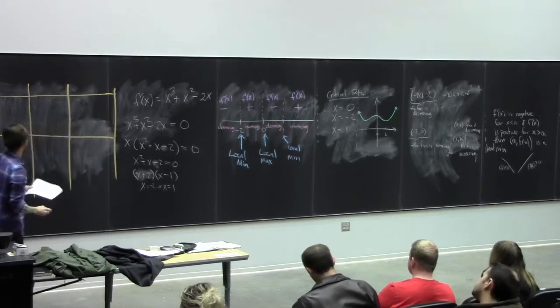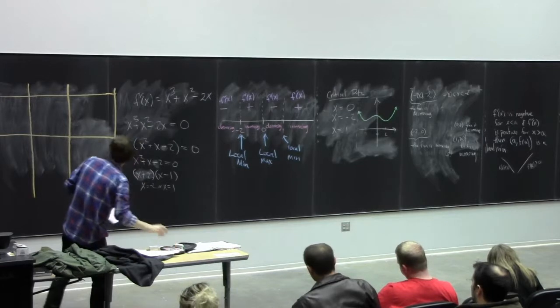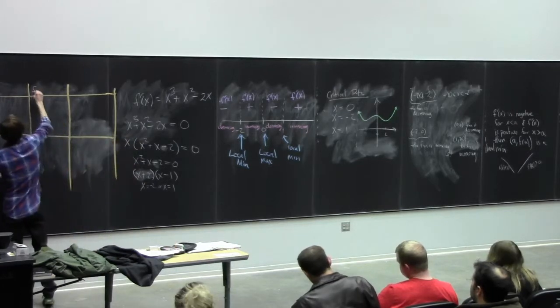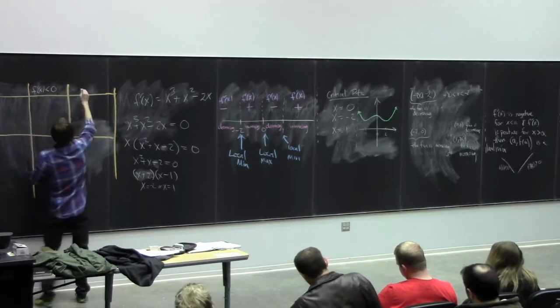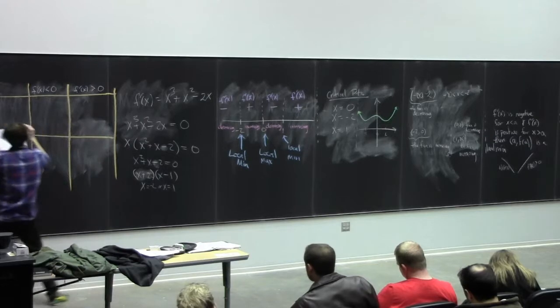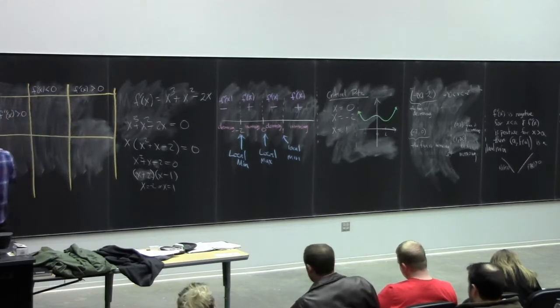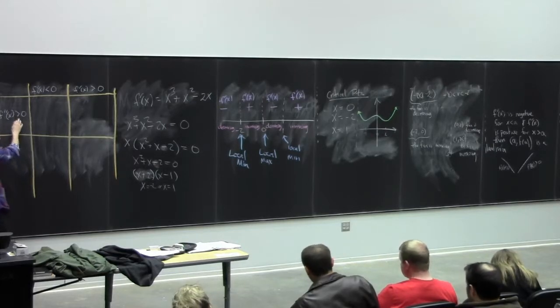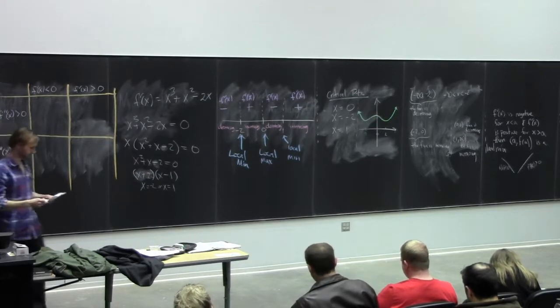All right, so we're going to put f prime of x is less than 0, f prime of x is greater than 0, f double prime of x is less than 0, f double prime of x, oh shoot, that's greater than 0, I'm sorry, is less than 0. There we go.